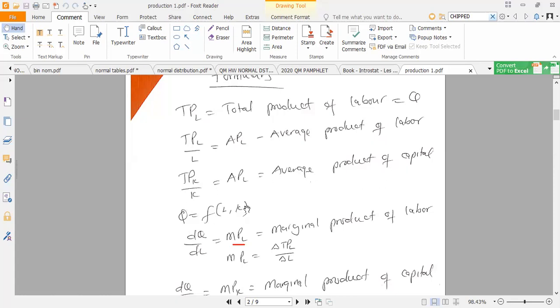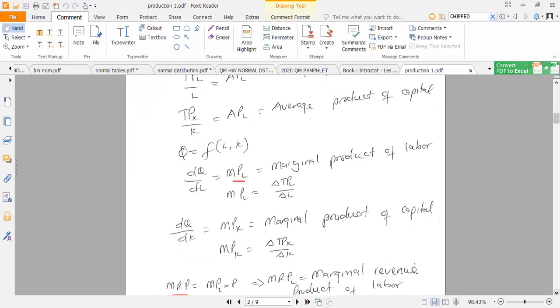If you're using calculus, if Q is written in terms of labor and capital, our dQ over dL is called the marginal product of labor. The change in total product over the change in labor is called the marginal product of labor.